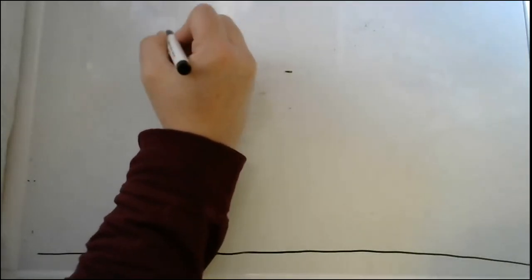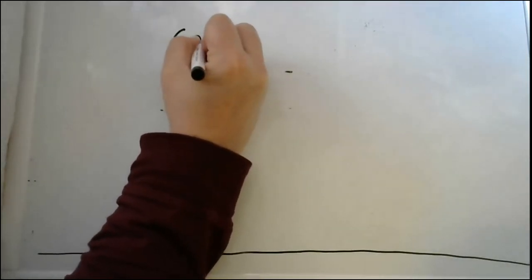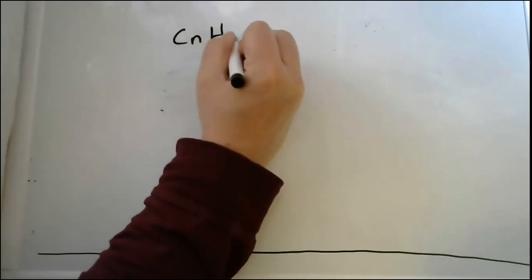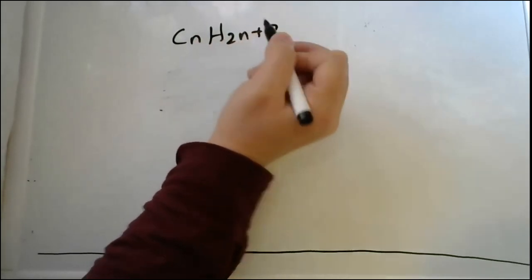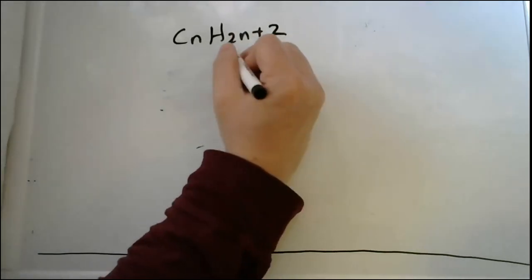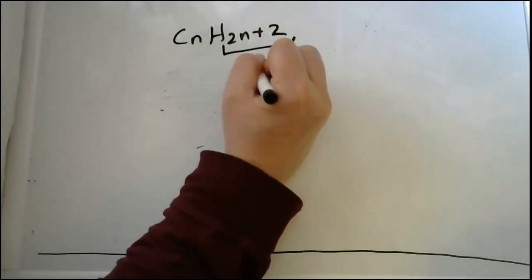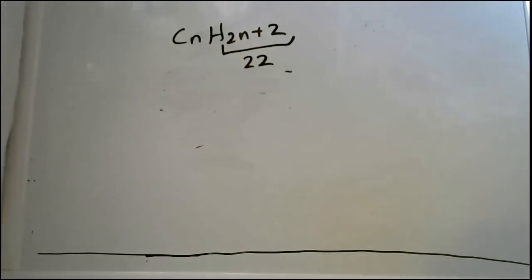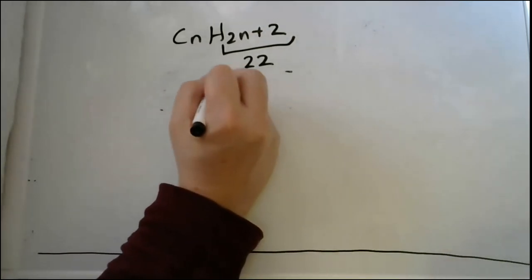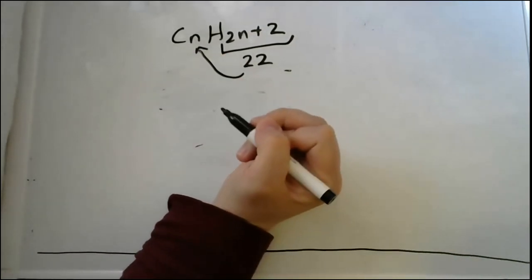We know that the formula for an alkane is CnH2n+2. And this question tells us that that value is equal to 22. So we can use that information to solve for n.